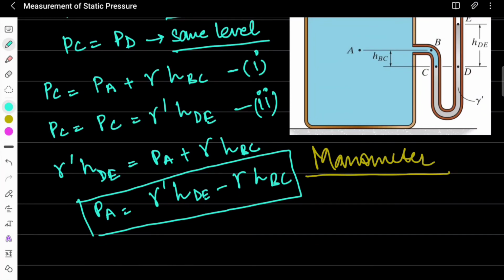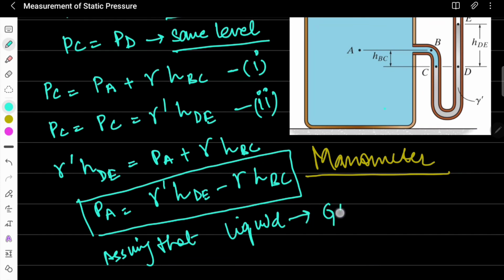Now let's take another case. Suppose the fluid which is filled up in this vessel is gas, and gas will have a very low specific weight. So in the case of gas, the specific weight of gas will be very low, and we can assume that this is almost 0.